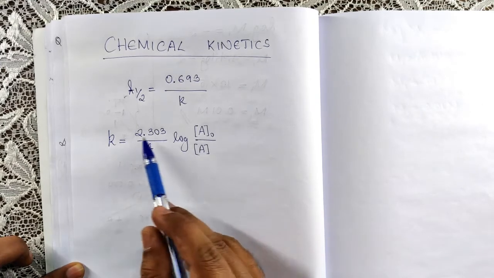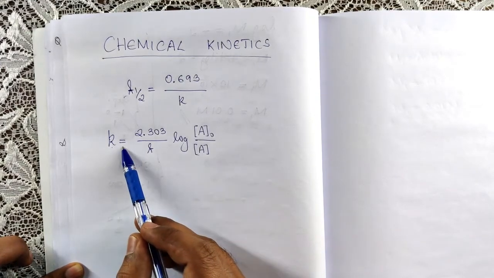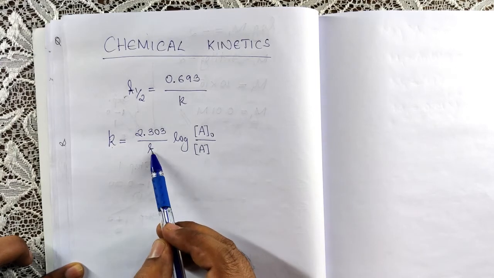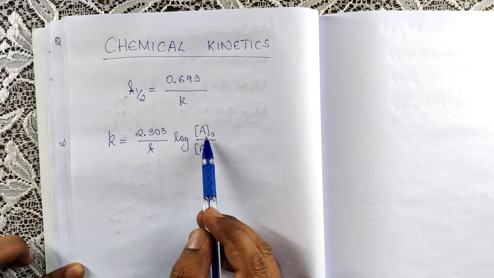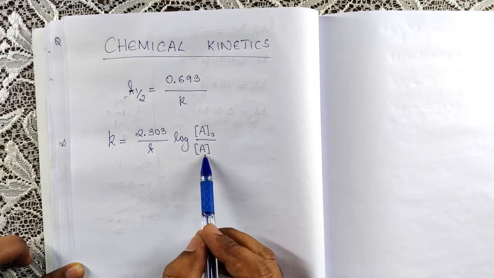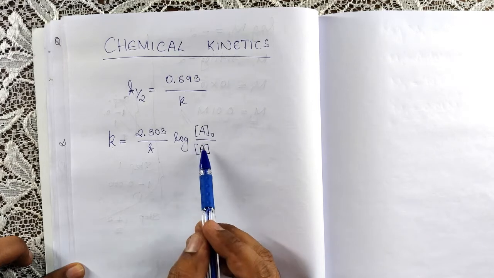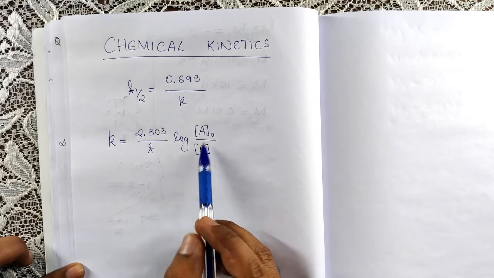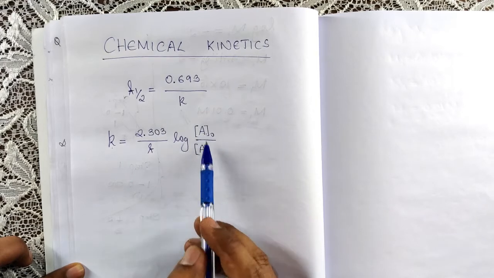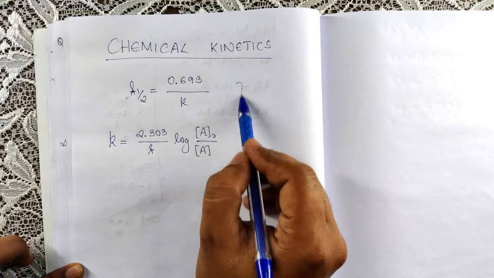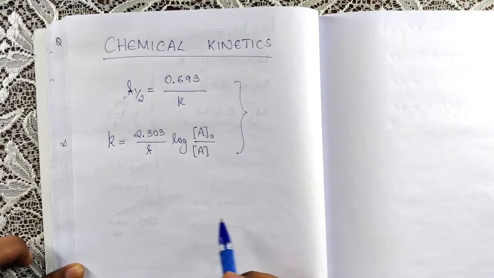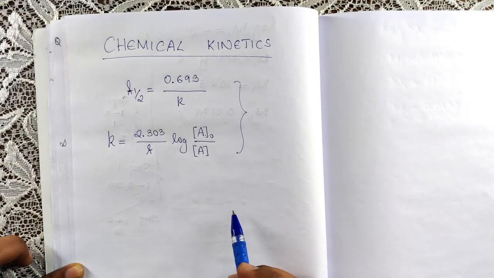K is equal to 2.303 by T log A naught by A, where A naught is the initial concentration. Initial means the starting concentration, and A is the final concentration. In some textbooks, this may be written as R naught and R. So remember, this is the initial concentration and this is the final concentration. These are the two formulas that we should keep in mind while solving the numericals.